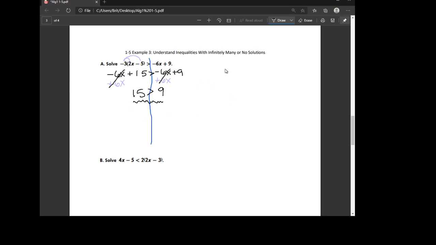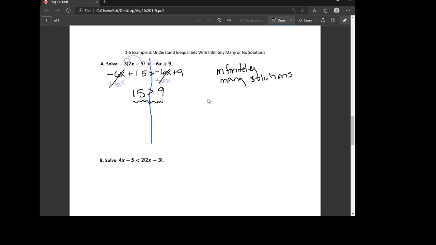So what we say here is that there are infinitely many solutions.